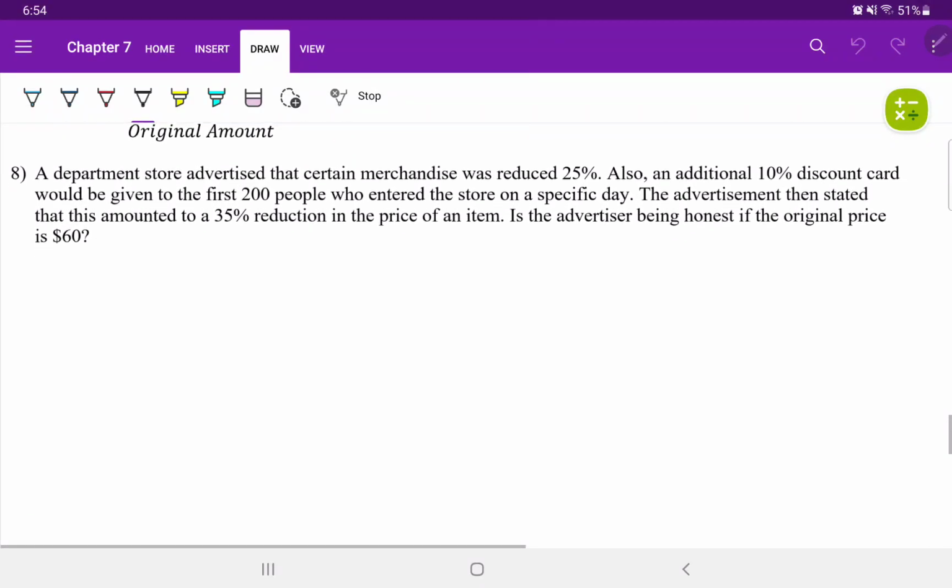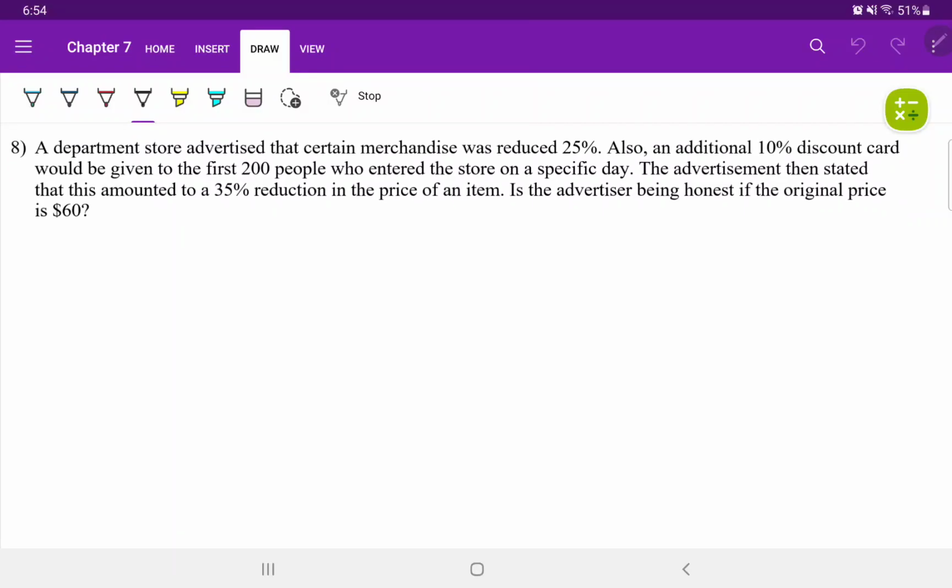Now, when it comes to using multiple discounts, you do not combine the discounts together at first and then apply it. You do one discount on top of another discount. So use the first discount, apply that, and then use a second discount on the discounted price and apply that.